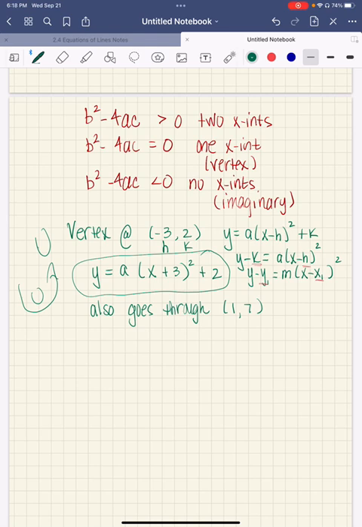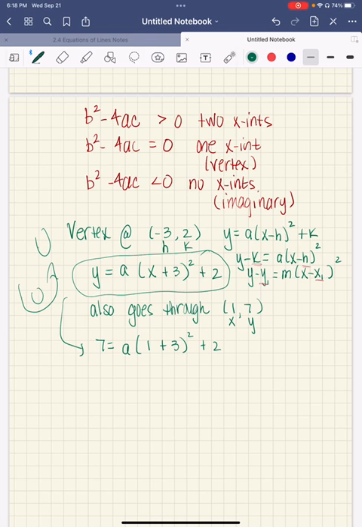Well, I gave you an x and a y. Let's plug into our vertex form. So we have y right here. Y is 7. I don't know a, but I'm going to figure a out. You can't assume it's 1. X, which is 1, plus 3 squared plus 2.